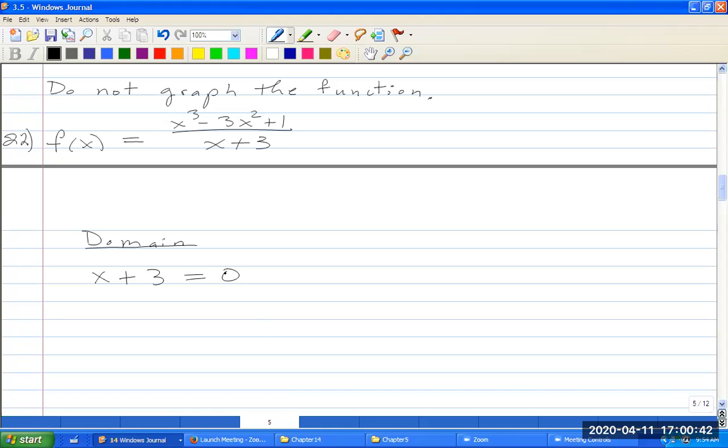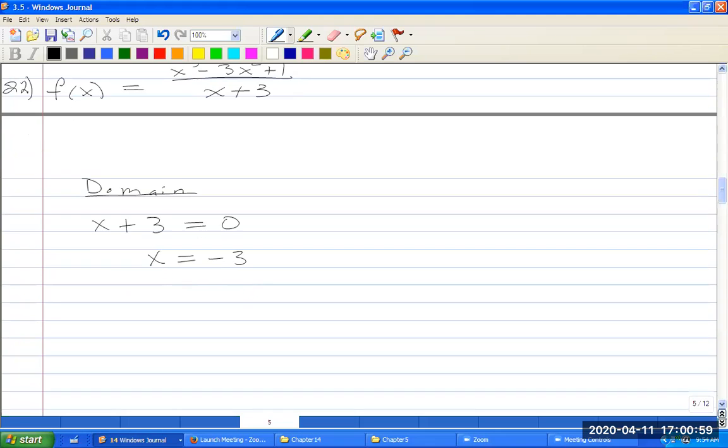So the domain will be everything except when I divide by 0. So everything except when x plus 3 is 0. So everything except for negative 3. And so the domain of f is everything except for negative 3.